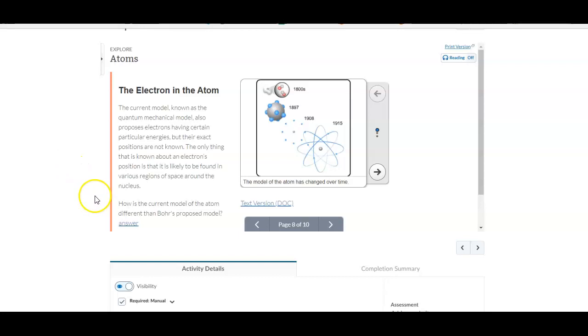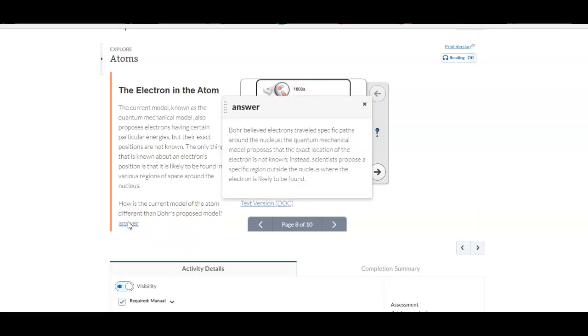So how is the current model of the atom different than Bohr's proposed model? So the model of the atom has changed. If you look, you should have this kind of timeline in your notes. And we know that the Bohr model believed electrons traveled specific paths around the nucleus, and the quantum mechanical model proposes that the exact location of the electron is not known.